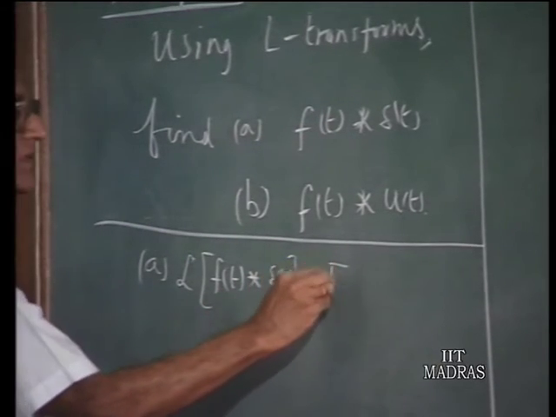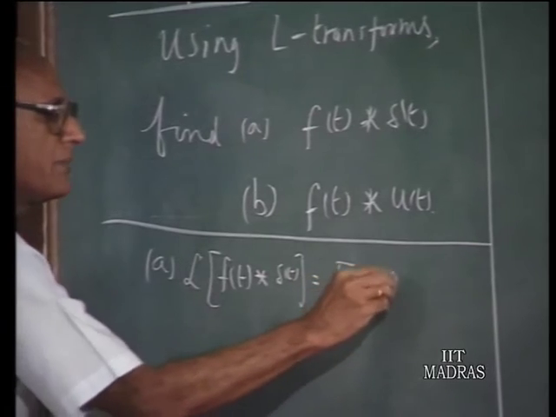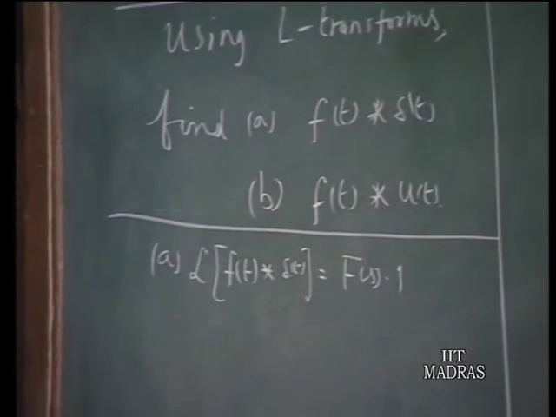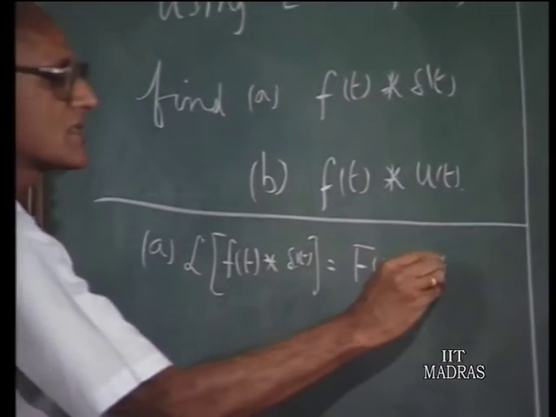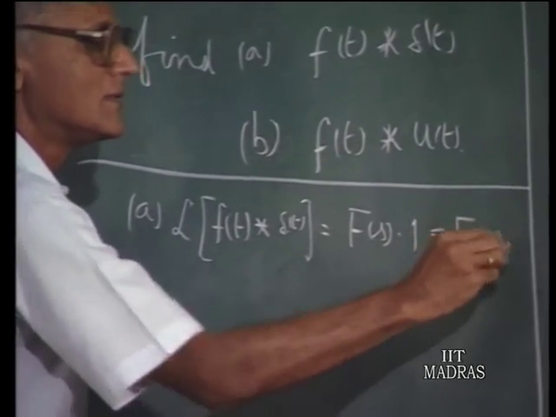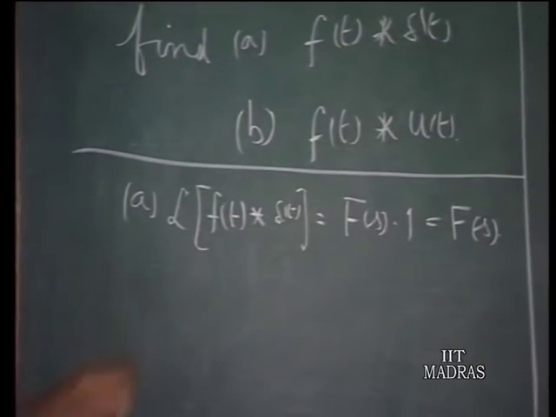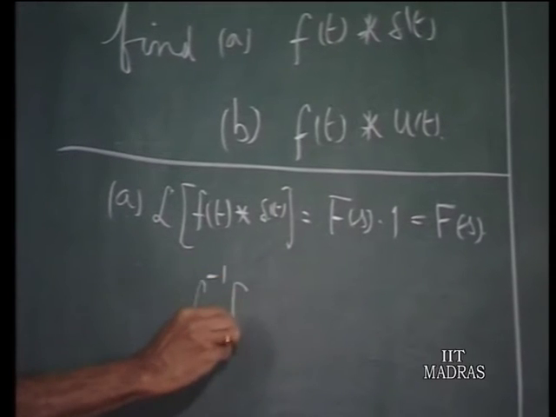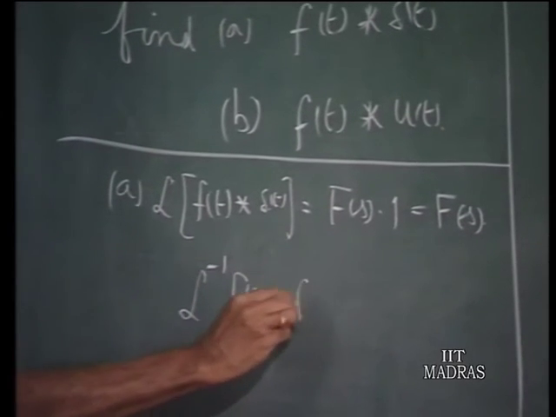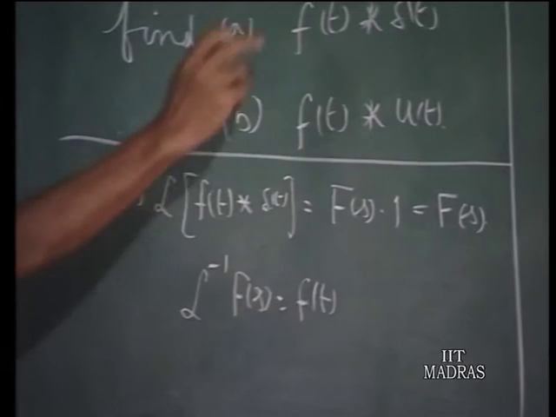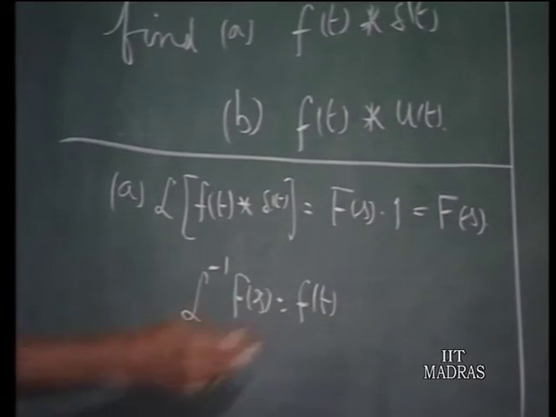This is f of s multiplied by 1, since the Laplace transform of delta t is 1, therefore this is f of s. And the inverse Laplace transform of f of s is equal to f of t. Therefore, f of t star delta t is f of t itself.